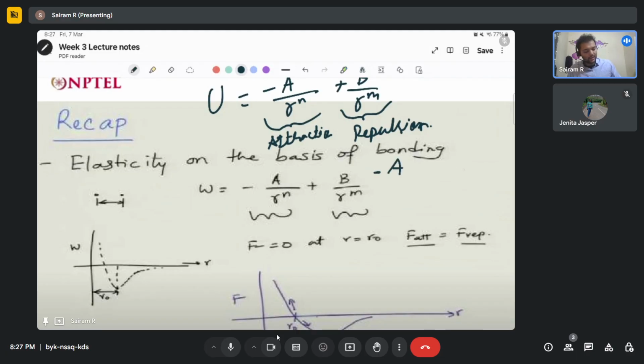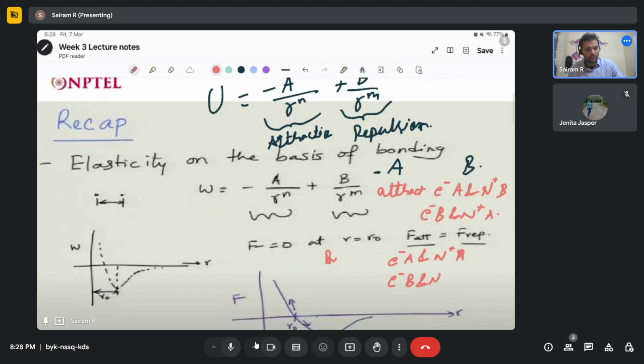Let's say we have atom A and atom B. There is definitely going to be attraction between the electron of atom A and the nucleus of atom B. Similarly, the electron of atom B and the nucleus of atom A. Also the electron of atom A and the nucleus of atom A, and the electron of atom B and the nucleus of atom B. We are going to have these four attractive forces.